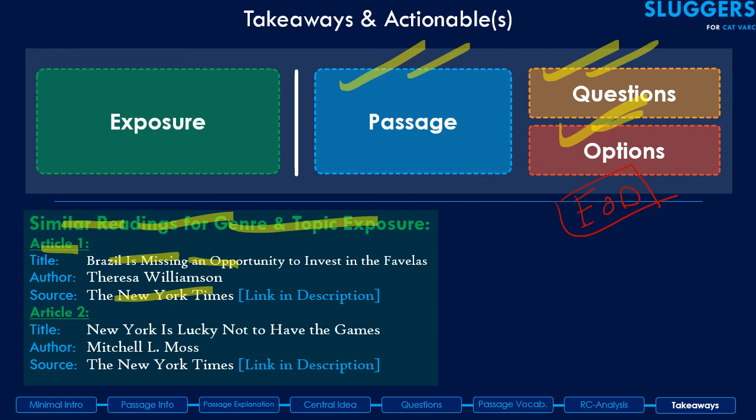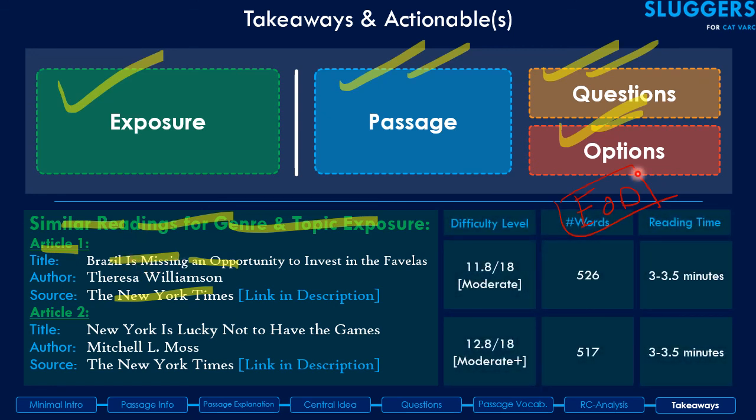So if you want to further improve your exposure in this genre, and allow your comprehension skills some more room to improve or expand, these articles are definitely something you can check out, right?